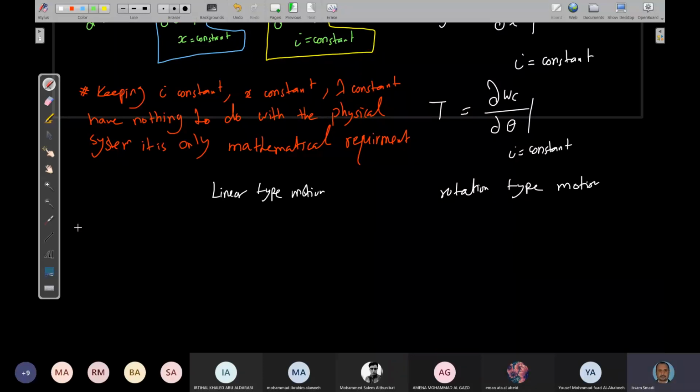And here we can say using the field energy omega F or the Coenergy omega C.